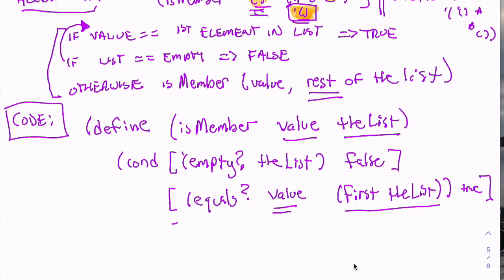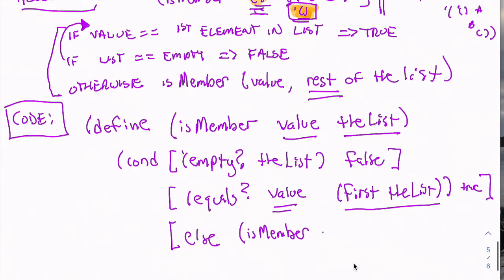And then the last statement is an else. And this else is we're going to call isMember again with value and the rest of the list.